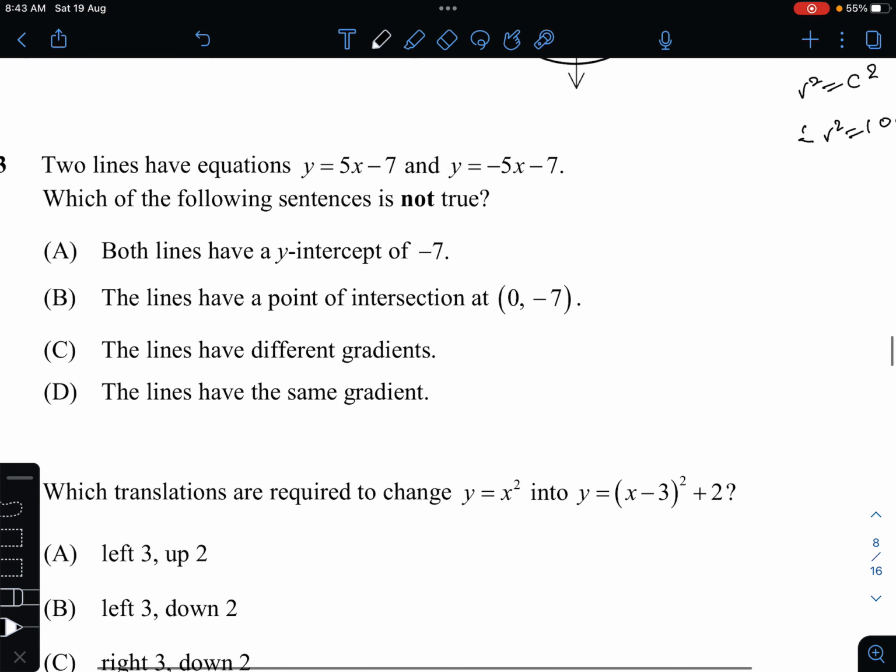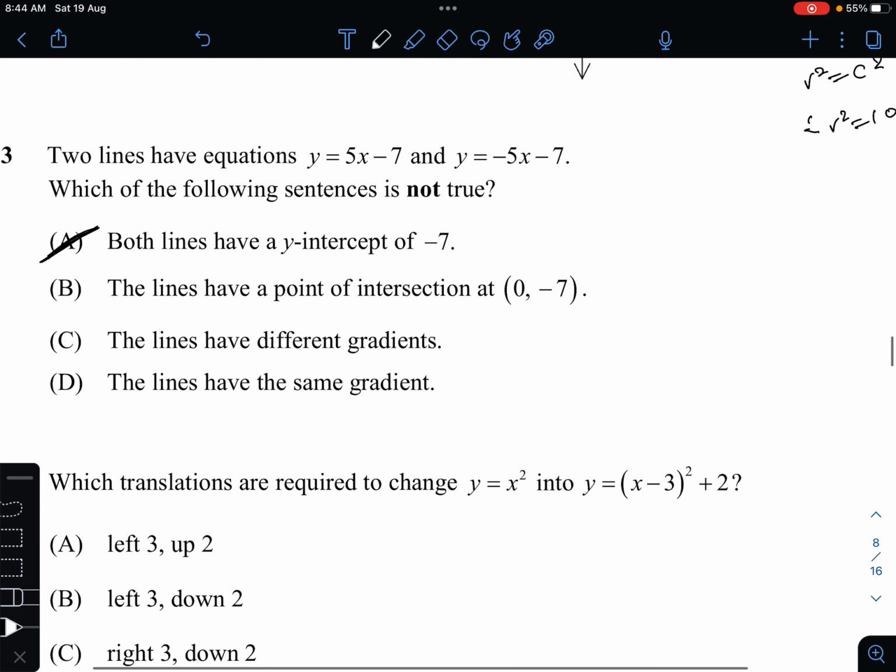Question 23. Two lines have equations y equals 5x minus 7 and y equals negative 5x minus 7. Which of the following sentences is not true? Both lines have a y-intercept of negative 7. Straight off the bat, if you let x equal 0, you basically just eliminate these terms, and they both equal negative 7. So you know that's not the one that's not true, because it is true.